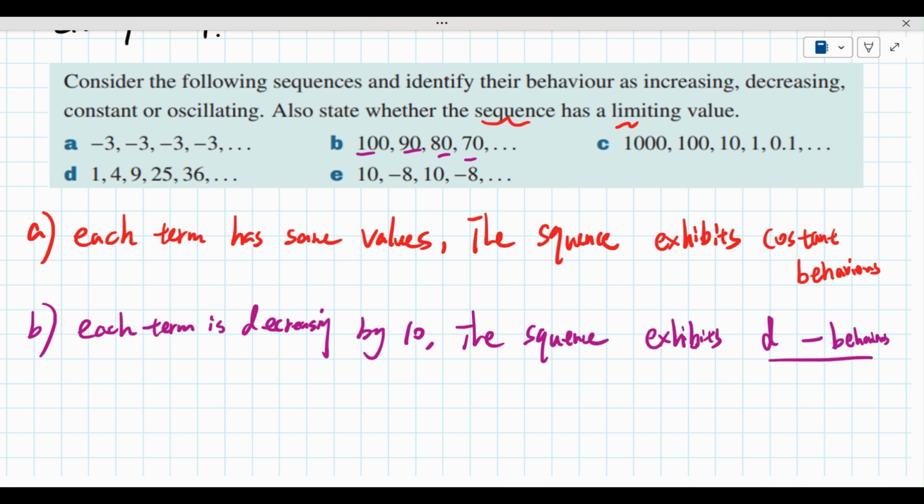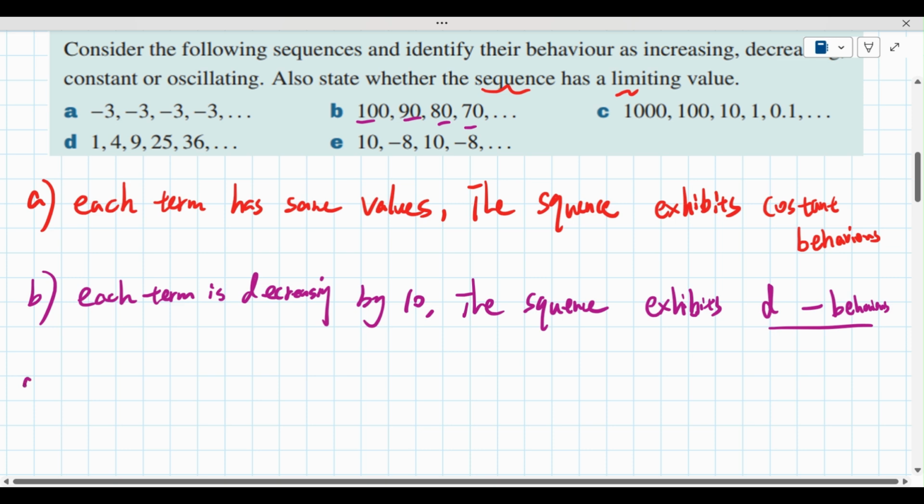Let's go to the next one. Here each term is divided by 10, so it's getting closer to 0.